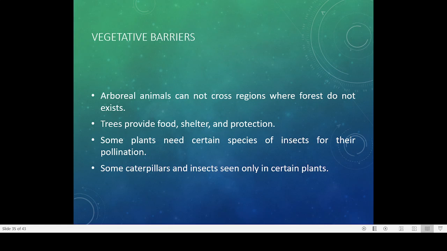So for food they depend on the trees, and also for shelter. Shelter means place of residence.